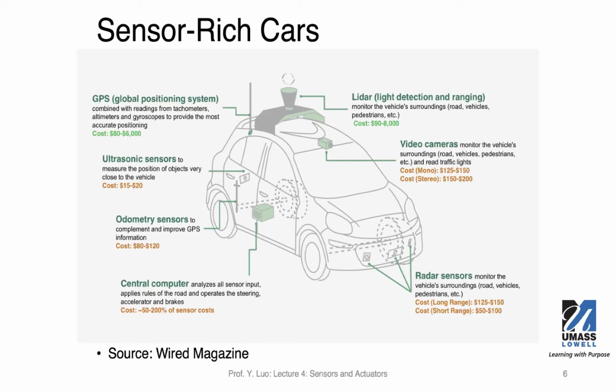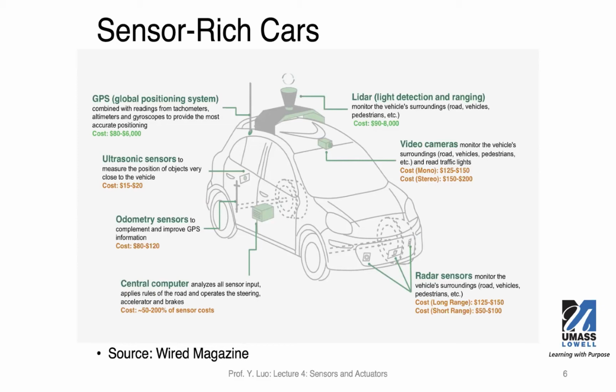For example, GPS can be used to track the location. It combines readings from different sensors, tachometers, and altimeter and gyros to provide the most accurate positioning. The cost could vary based on the precision you require.